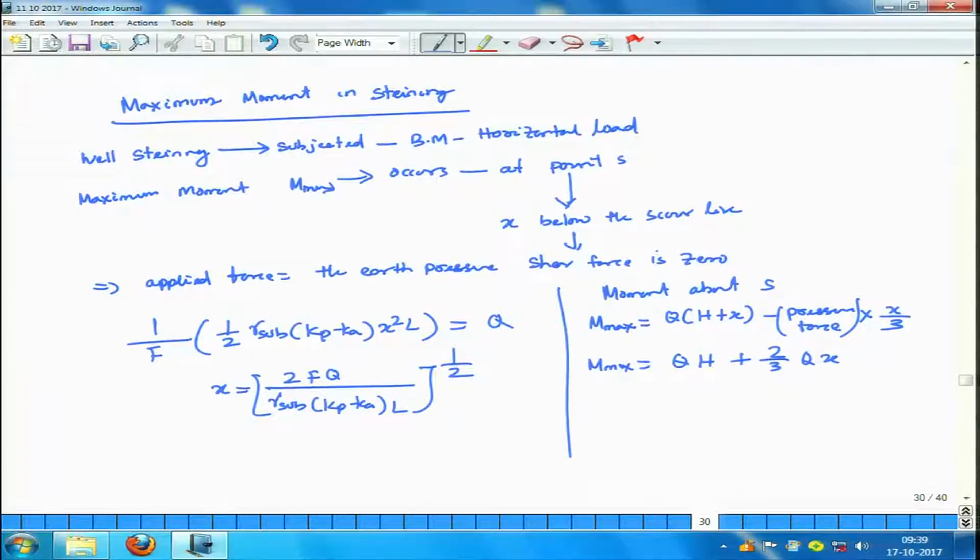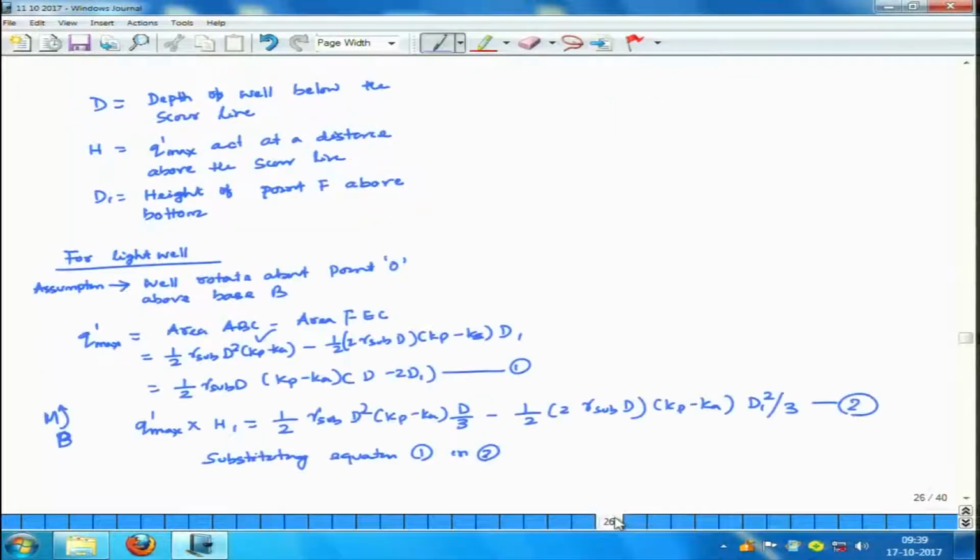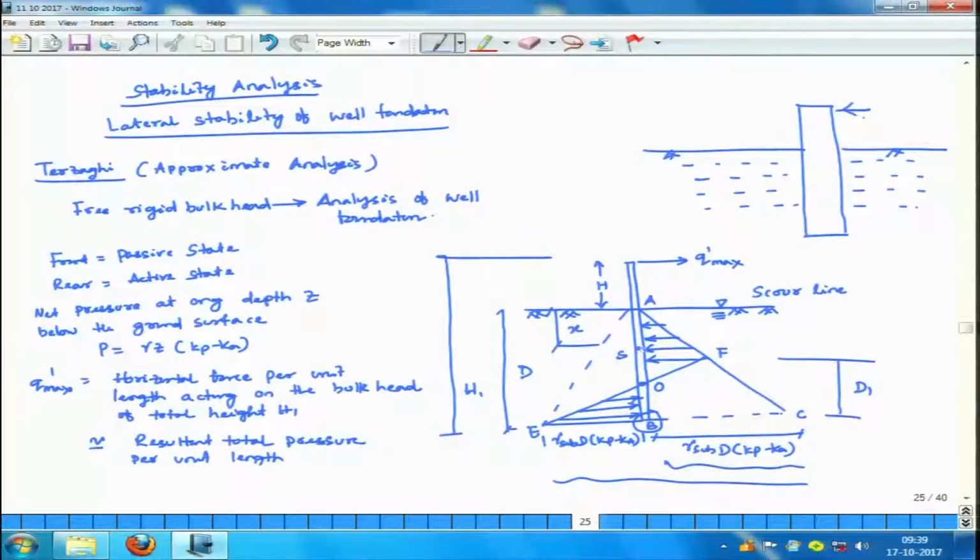If M is equal to applied moment, which is equal to Q into H, then M maximum is equal to M plus 2/3 Qx. It is required from the design point of view: maximum moment at the steining. If you look at the initial figure, this is your S, maximum moment at steining S.